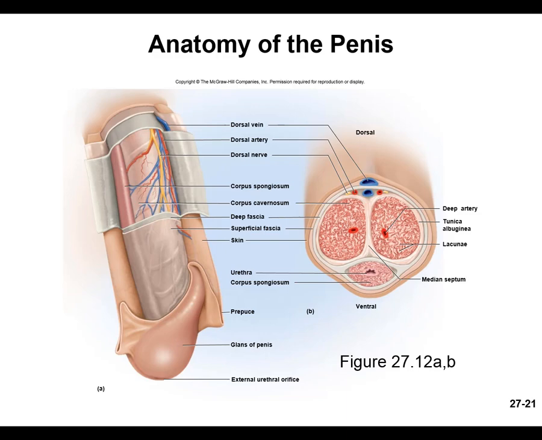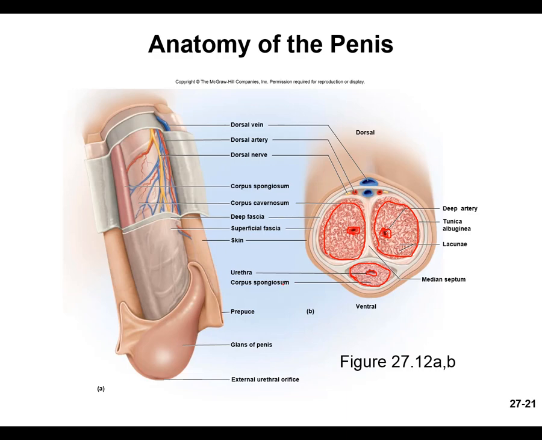And we have one corpus spongiosum, which is located right here. In the center of it, the urethra runs through it. Then on either side, we can see what's called the corpus cavernosum, and there's a deeper artery that is found within there. So these are filled with the erectile tissues.